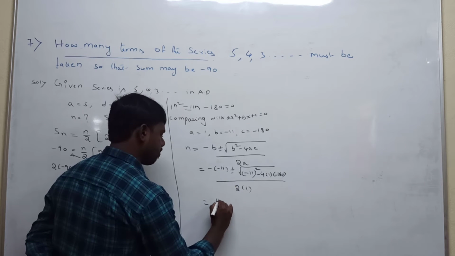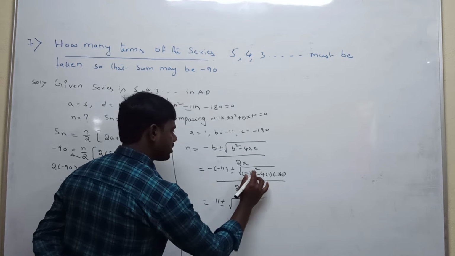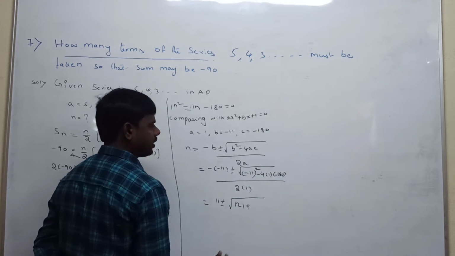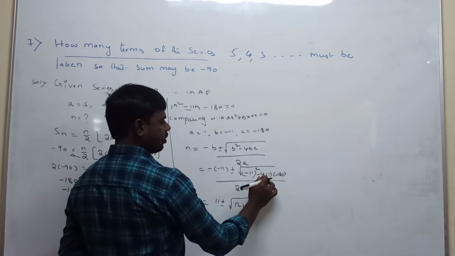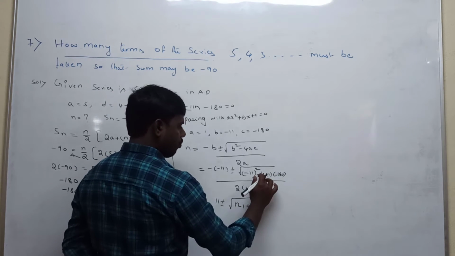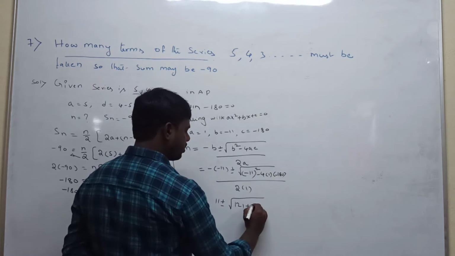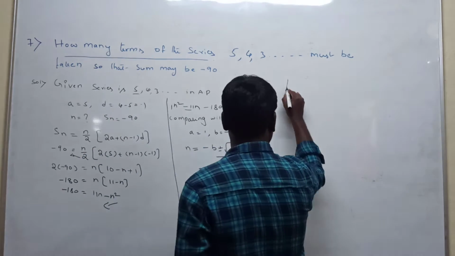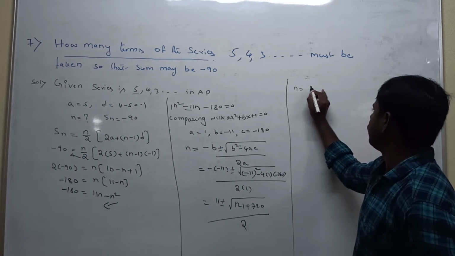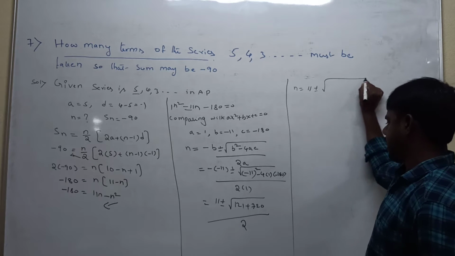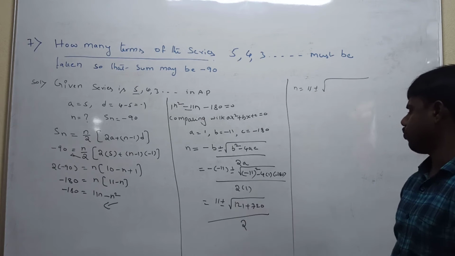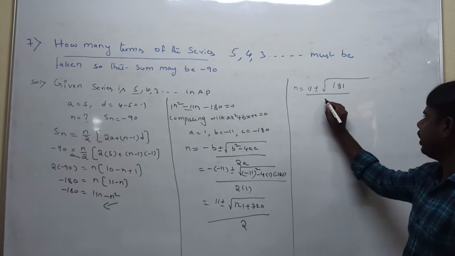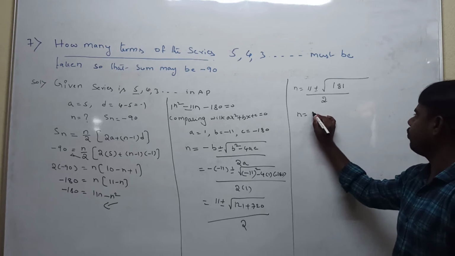Minus into minus 11 is plus 11, plus or minus square root of 11 whole square value is 121, minus into minus plus, 4 into 1 into 180 value is 720, divided by 2 into 1 is 2. Now n is equal to 11 plus or minus square root of 720 plus 121 value is 181, divided by 2.